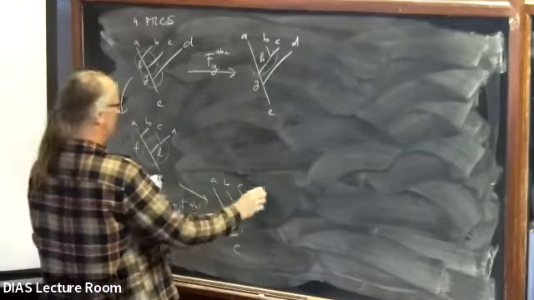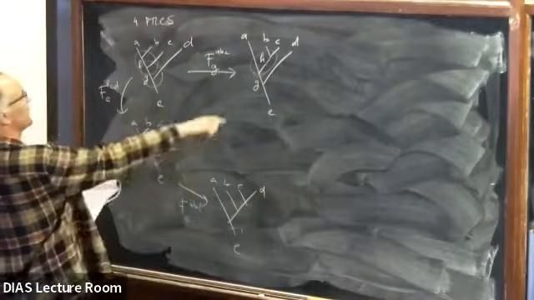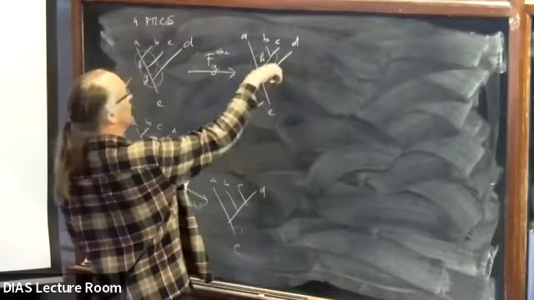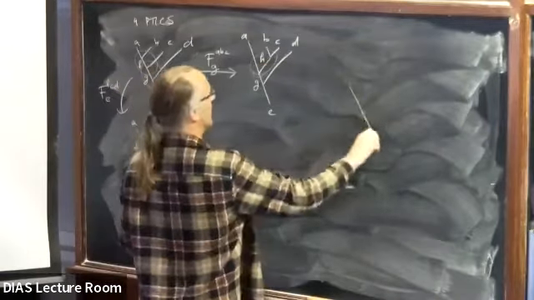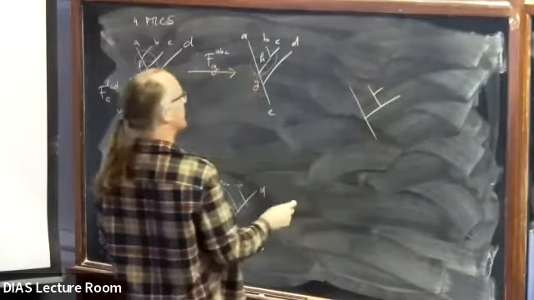And finally, I could do a third F move. No, sorry, here I do one here. So we move this one over there, so we get this.